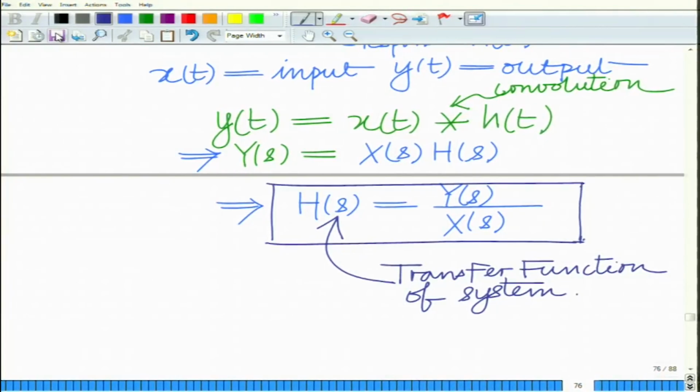H(s), which is the Laplace transform of the impulse response h(t), is the transfer function, and it characterizes the behavior of this LTI system in a very fundamental fashion.